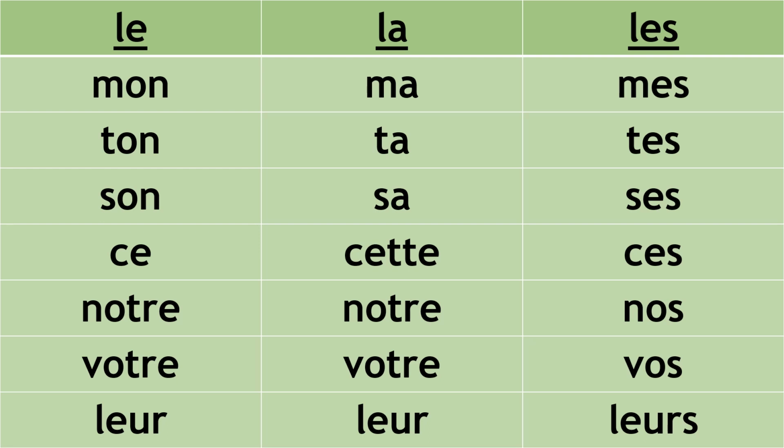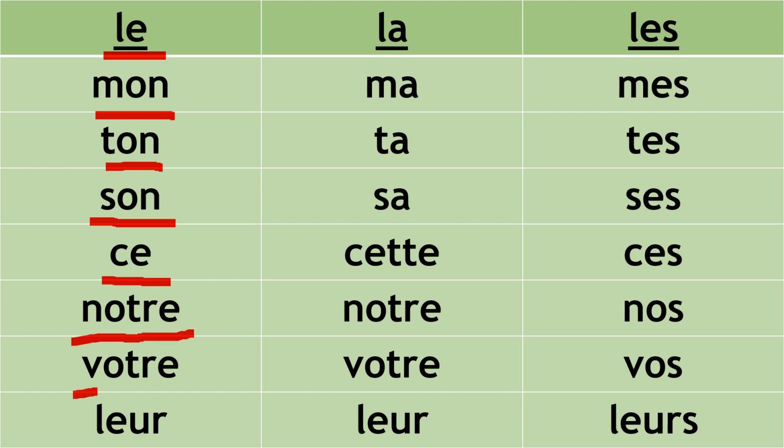For example, you might not see le livre. You might see mon livre, ton livre, son livre, ce livre, notre livre, votre livre, leur livre. These are good indications that the direct object that follows is masculine singular.